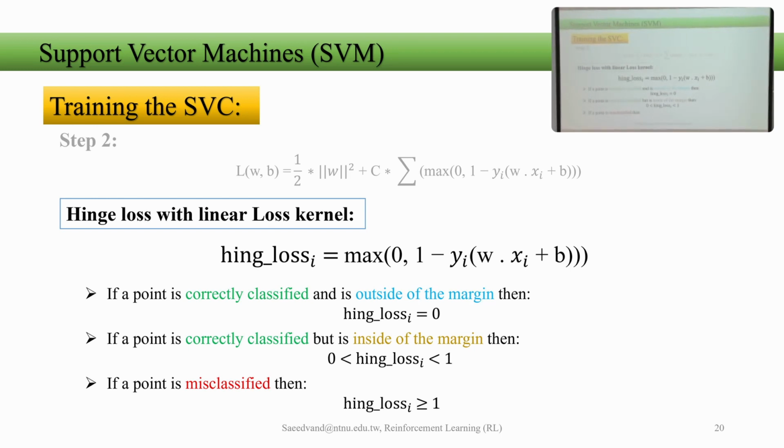On the other hand, if it is misclassified, this red point is completely misclassified. It's on the right side of the hyperplane over there. Then how can we show that in terms of the equation? We can say the Hinge loss is greater than or equal to 1. All the values indicated as greater than or equal to 1 in the Hinge function say that these are these points.